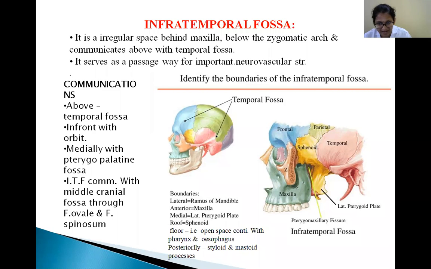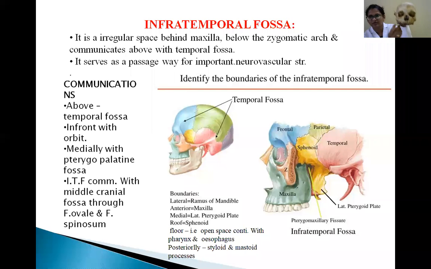Anteriorly, the infratemporal fossa communicates with the orbit through the inferior orbital fissure. See here, this is the inferior orbital fissure. Here it is unable to show you.